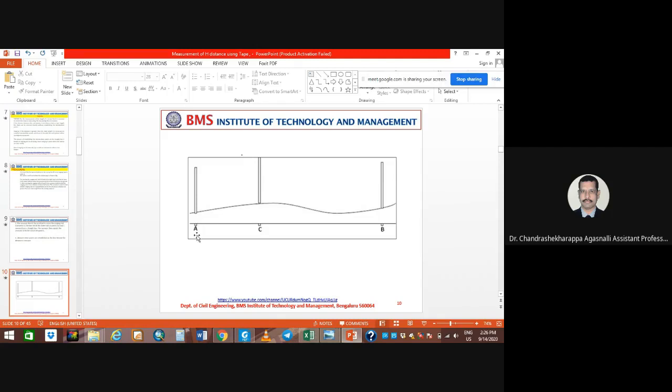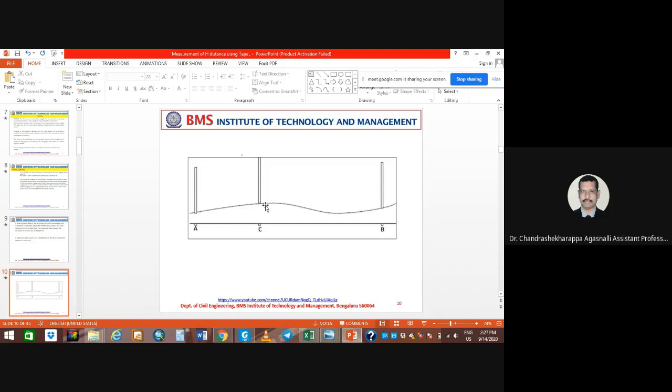So let's start with point A, and C is the intermediate point you establish, and then from here you can easily see this. This is how you can measure the distance from A to B using the chain or tape.